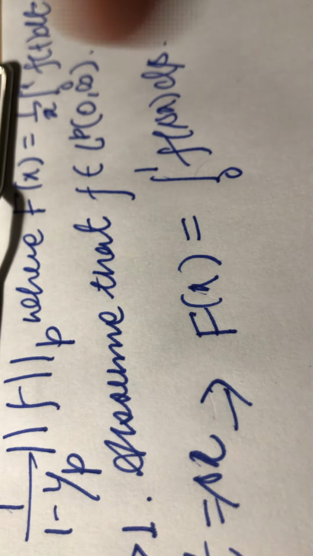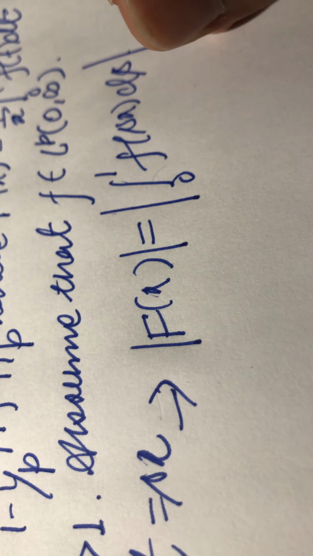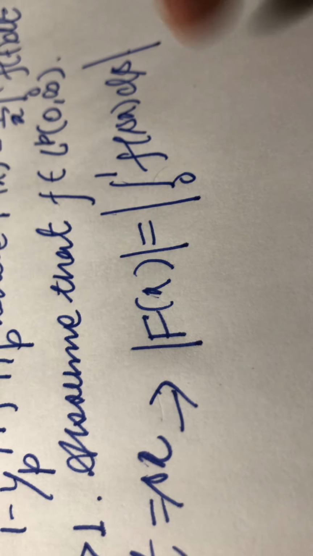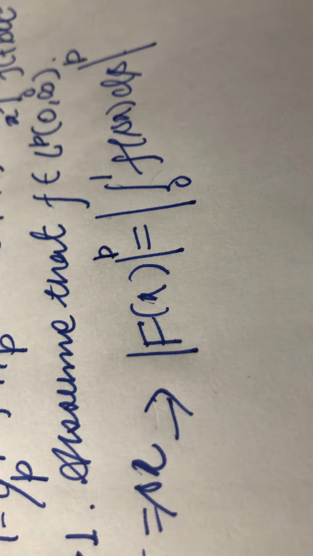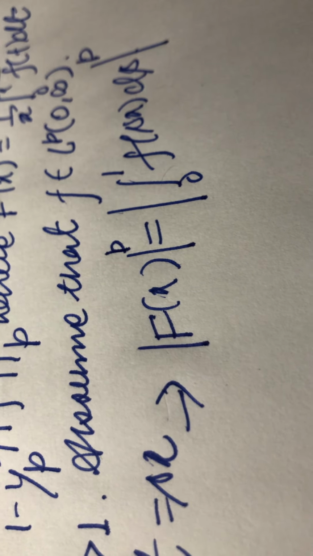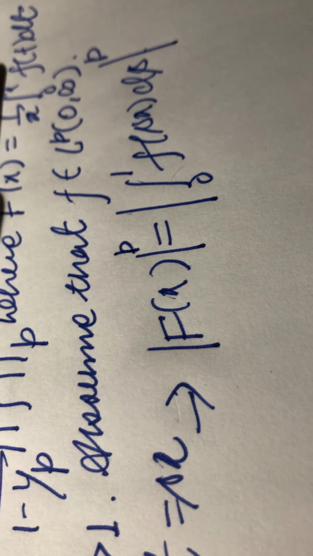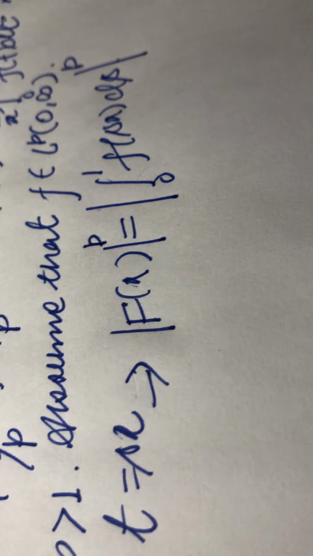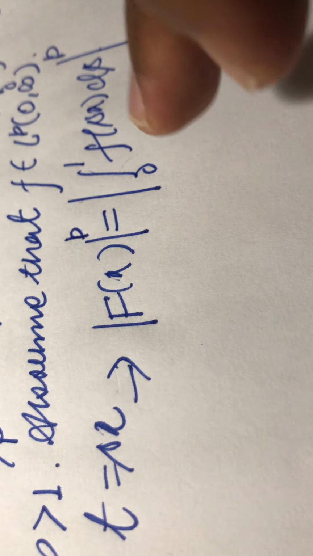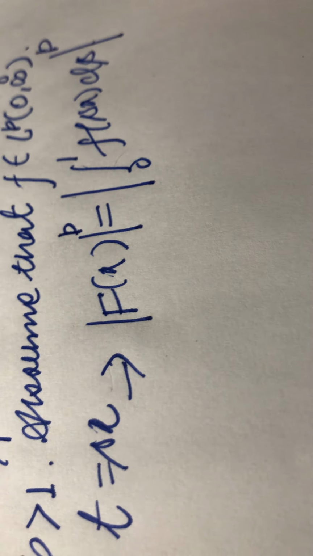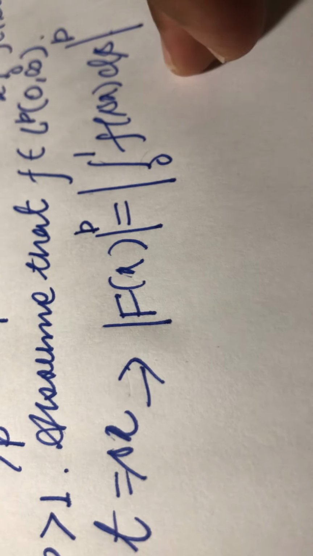And at this very step, I'll take the pth power of this equality, so I will get this. Now in the next step, I'll try to integrate this whole equality over all the positive reals, 0 to infinity, with respect to the dx measure.